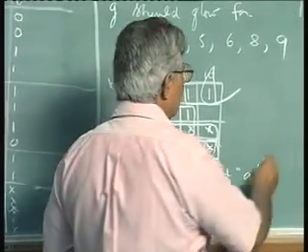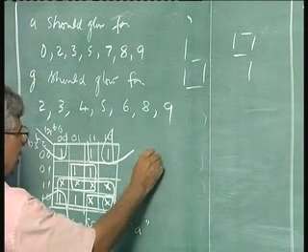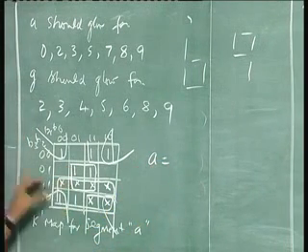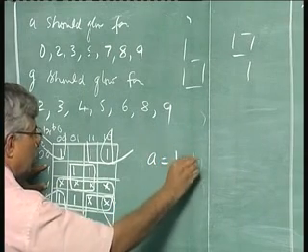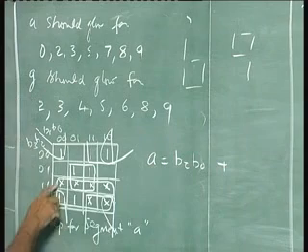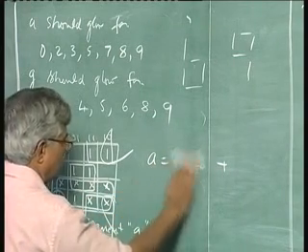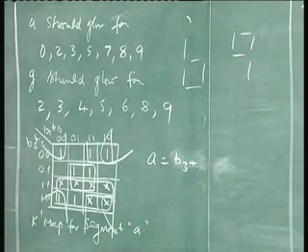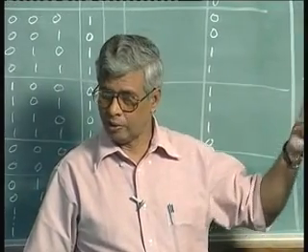Okay, now what is the expression for A, the minimum sum of products? First we will use this 4. This will be B2, B0. Then this 8 will be B3. Usually it's a convention, it's not a rule, to write the smallest number of terms first with the smallest number of literals and then larger numbers of literals progressively.